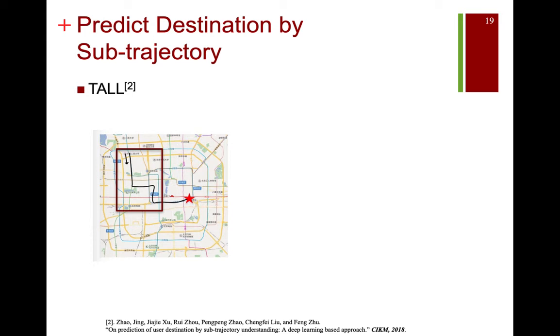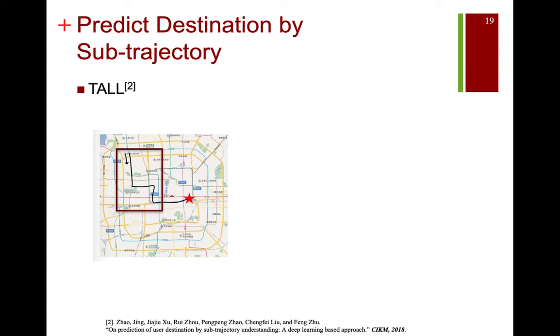As I said in the previous example, the destination can be the city or South Bank or Sunnybank. All these kinds of locations indicate a region. So we cannot do the prediction with that high resolution to a very specific GPS point. At least so far we cannot make it.